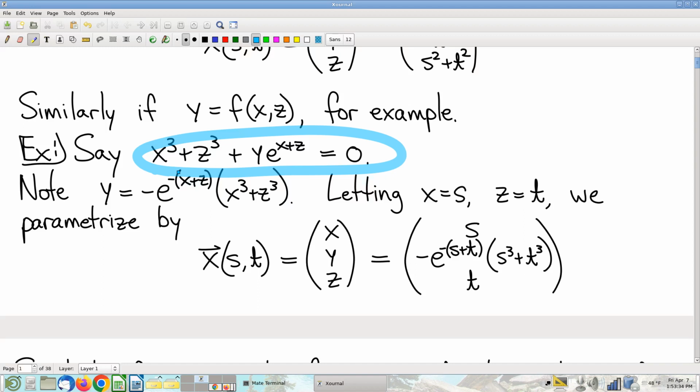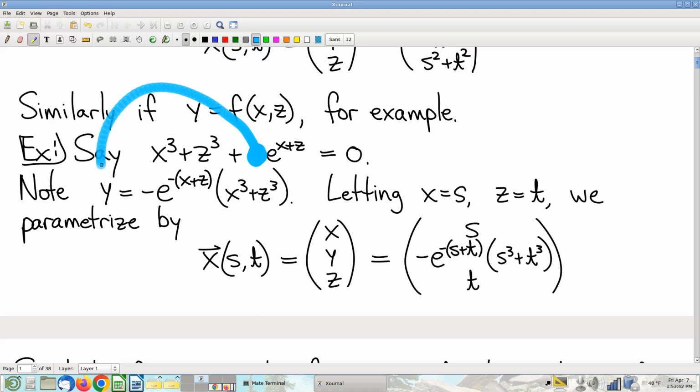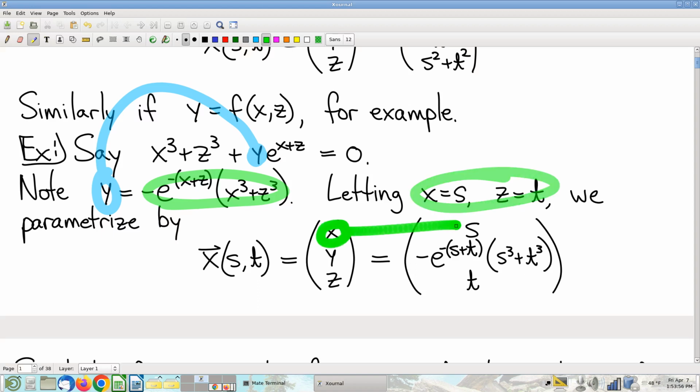No, you really can't, right? It's not like that, right? But it is, in this case, easy to solve for y. No problem. And having solved for one of the variables in terms of the other two being x and z, we let x and z be our parameters. Whatever your input variables, let those be the parameters.